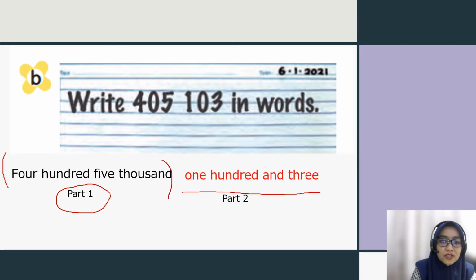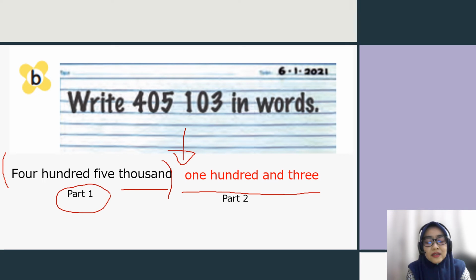Teacher dari tadi sebenarnya dah divide the number by 2 parts. The first part, dia ada 1,000, and then another part tu bahagian 3 digit terakhir. We end at 1,000, and then kita continue dengan another 3 digit yang sebelah kanan. So that's why when we write in words, kita write part 1 dulu, and then we write part 2. Jadi awak takkan buat careless mistake.